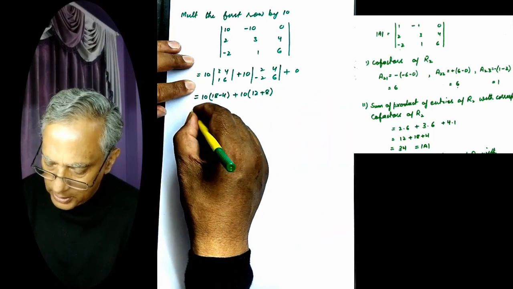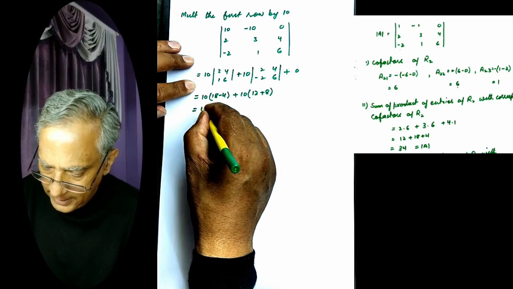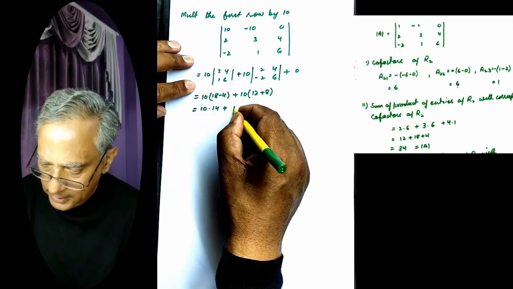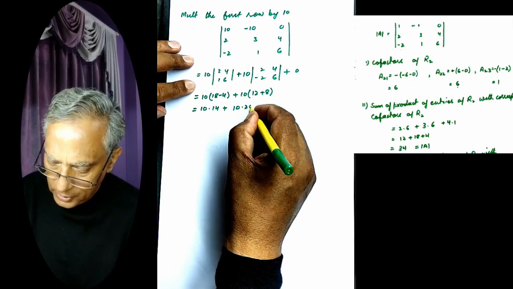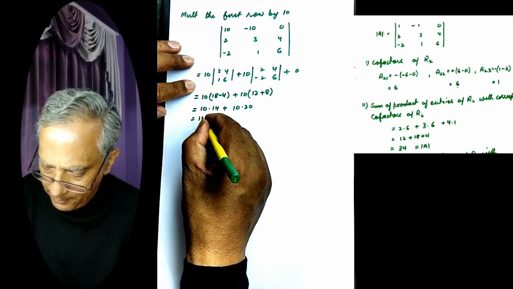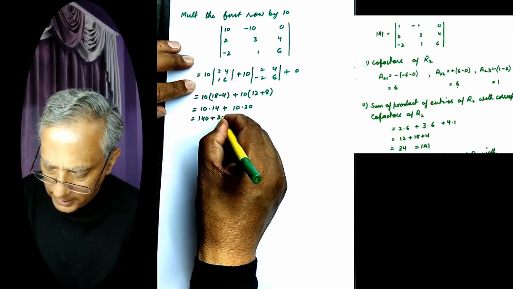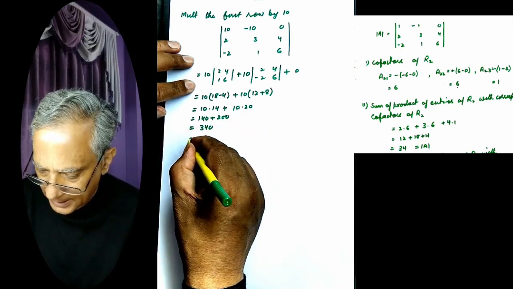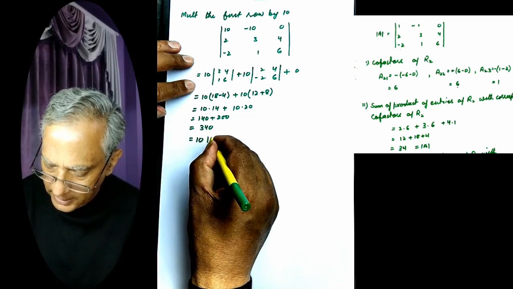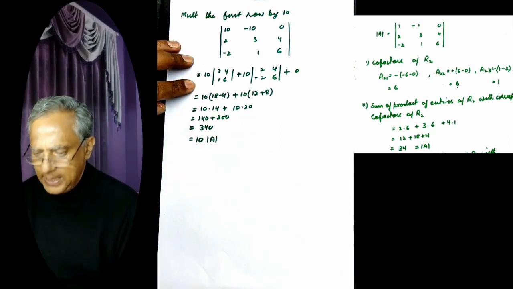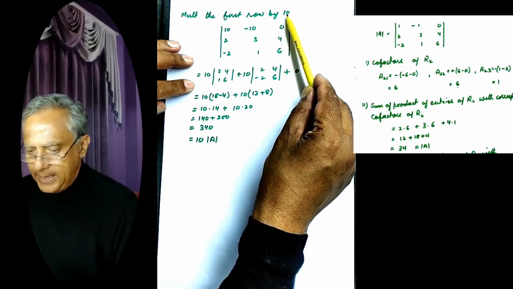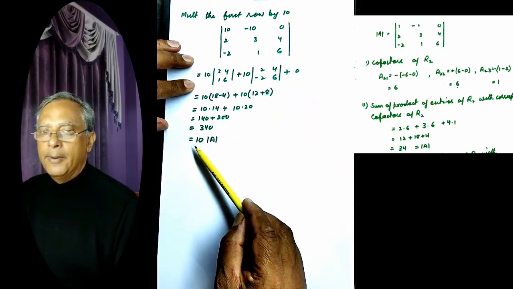So this is equal to 10 into 14 plus 10 into 20. So we get 140 plus 200, that is 340. That is 10 times determinant of A.